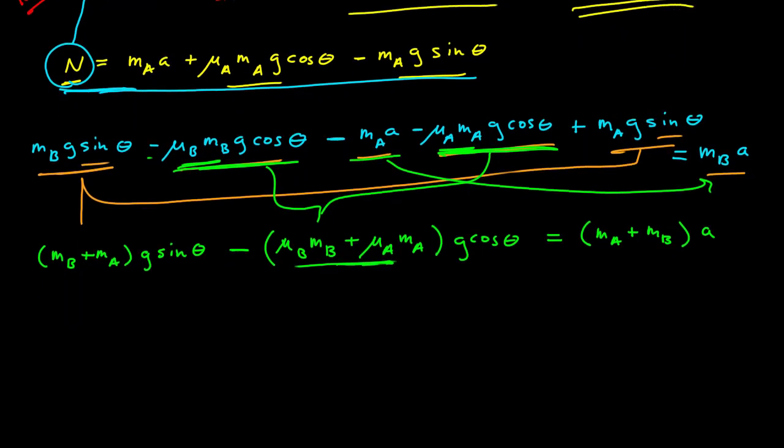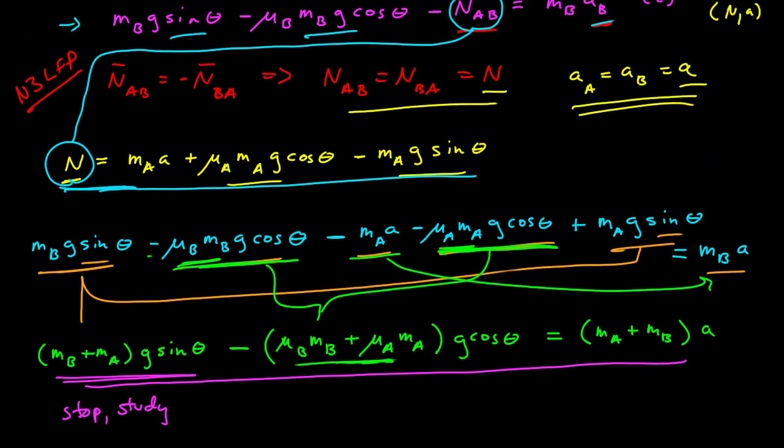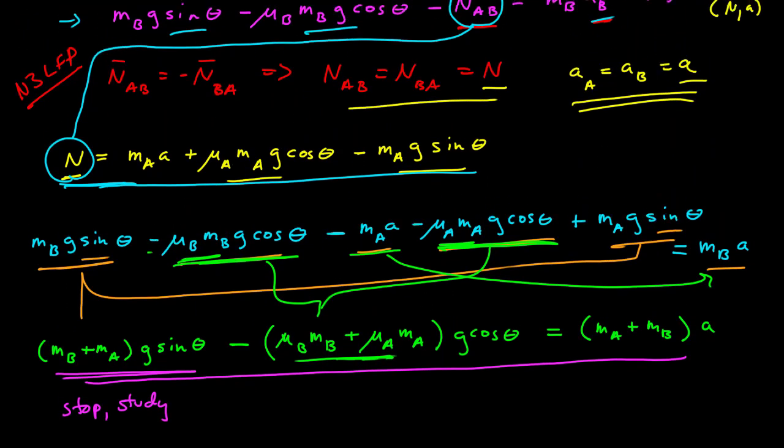All right, what that did here is it gave me something I can look at to see if this sort of thing makes sense to me. I'm gonna stop and study this. So what does this mean? Well, this right here is a component of the gravitational acceleration.